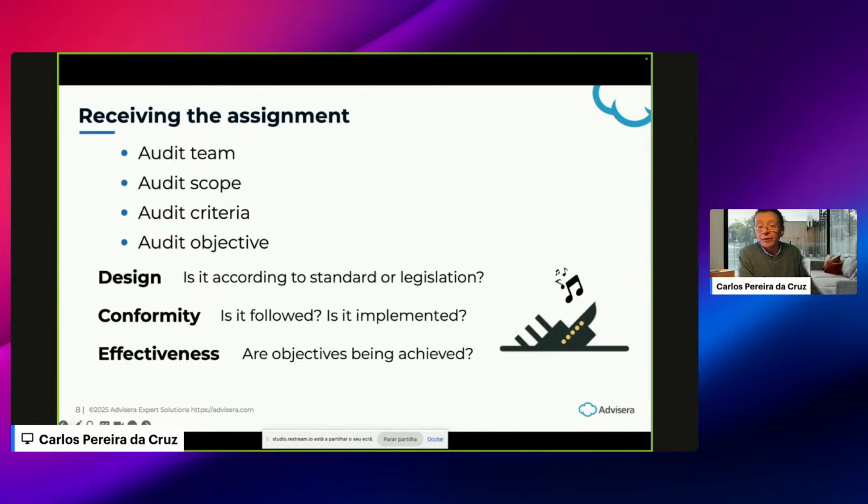And of course, ensuring compliance, meeting applicable standards and regulatory requirements, and being reliable and credible. So, providing objective, evidence-based conclusions that interested parties trust.